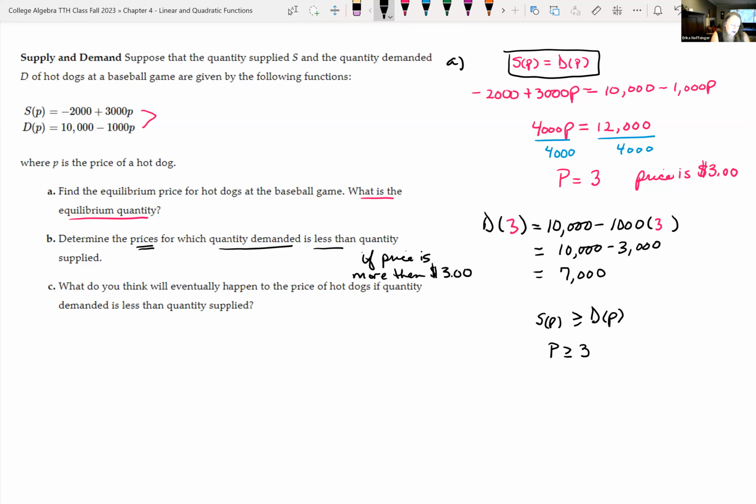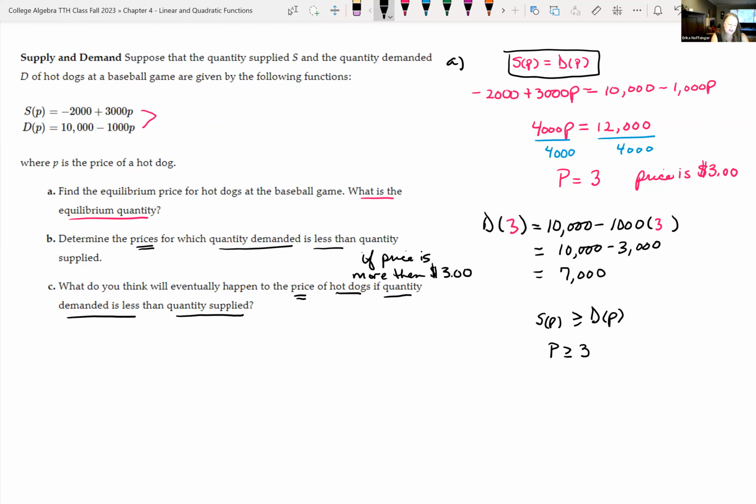So what do you think will eventually happen if the quantity demanded is less than the quantity supplied?